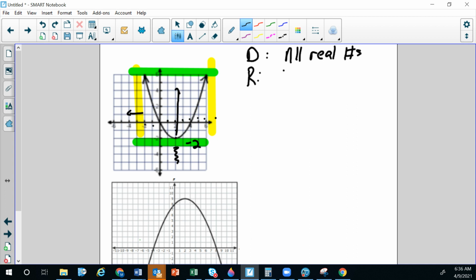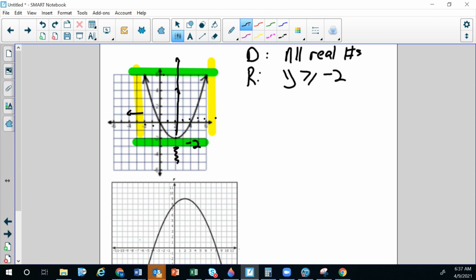So I can write that as y is greater than or equal to -2, for the range. Again, the range does not stop at 6 because there's arrows. It just means that the y values keep on going all the way up to infinity. All right, so that's for the parabola when the graph opens upward.